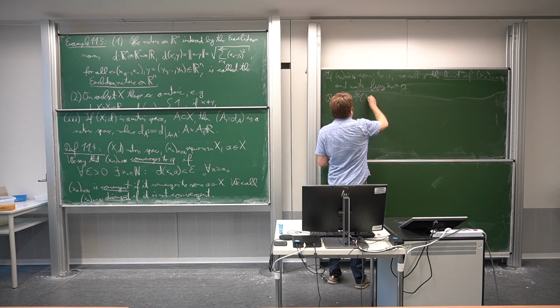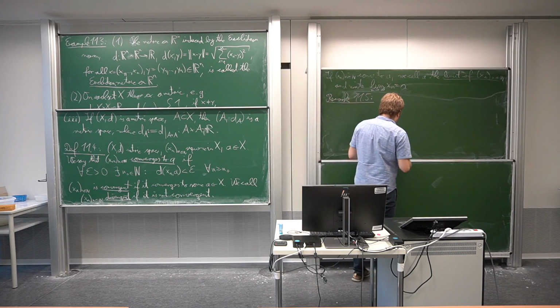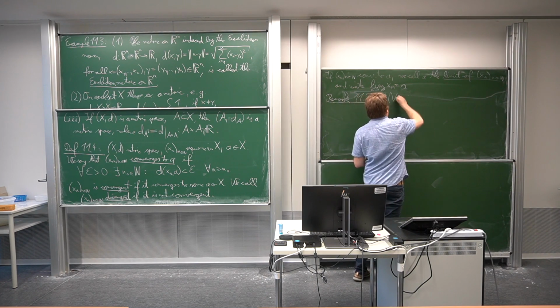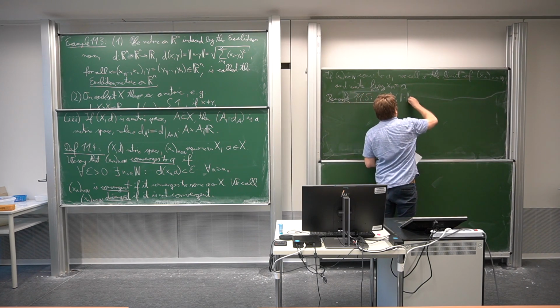Namely, first of all, the normed vector space. This is kind of the most important case also for what you're doing. So I want to once explicitly write down the convergence there. There it even looks more similar to the old definition.